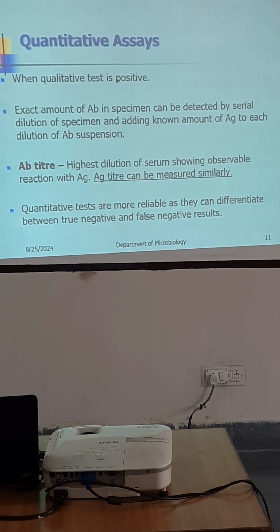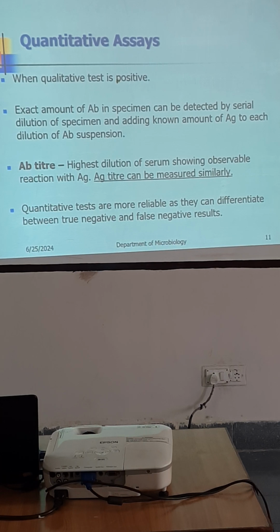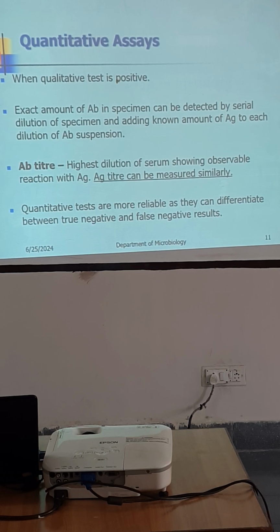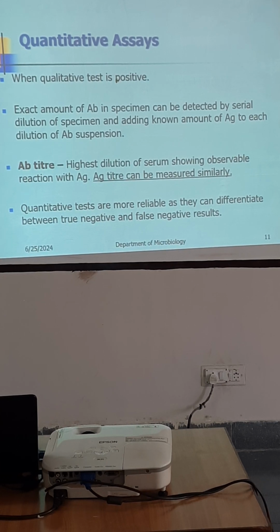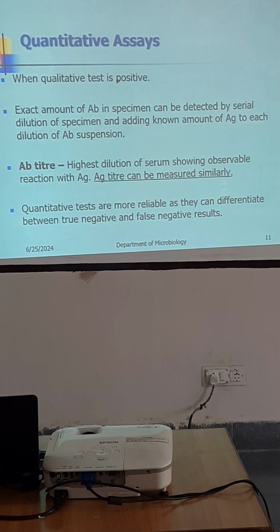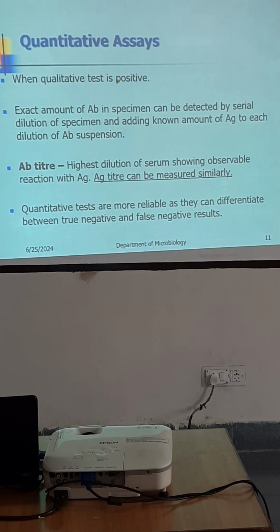Then we see at what highest dilution of the specimen, which will be a serum, there is an observable reaction against the specific amount of antigen. This is called an antibody titer. So the highest dilution of a serum which shows an observable reaction with the specific amount of antigen is called an antibody titer, and vice versa we can do it for antigen also.